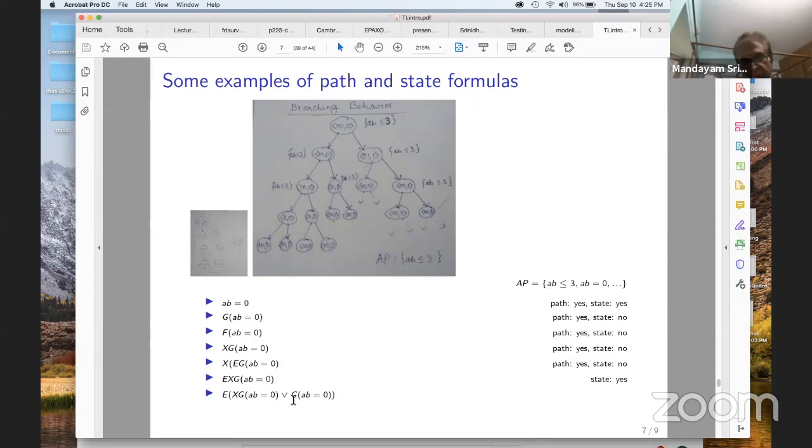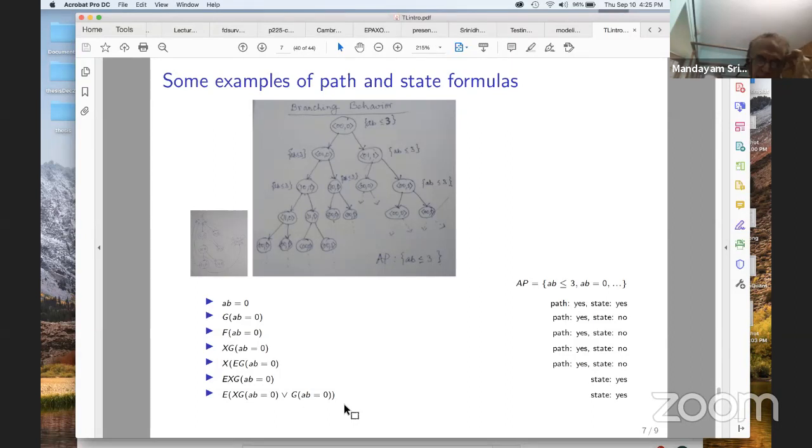So in other words, it contains all those paths which is the union of the set of paths satisfying the first disjunct and the second disjunct. Because that's a path formula, you have put an existential quantifier there, and therefore this is a state formula. Okay, it's a state formula.